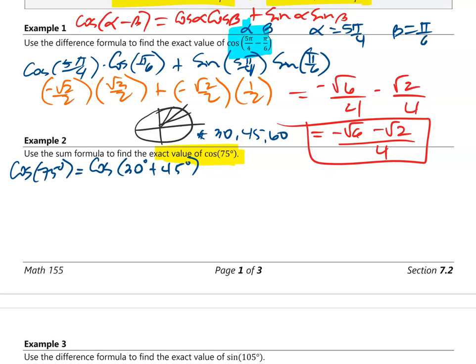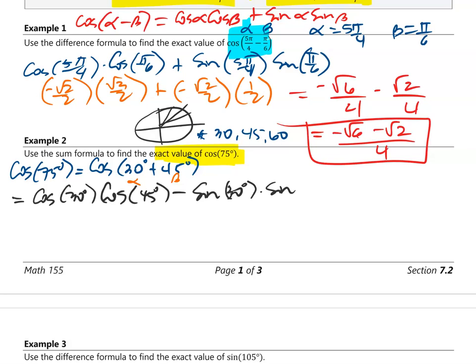So now this is your alpha and this is your beta. So using the sum formula for cosine, this is equal to cosine of alpha 30 degrees, cosine of beta 45 degrees, minus sine 30 degrees times sine of 45 degrees.